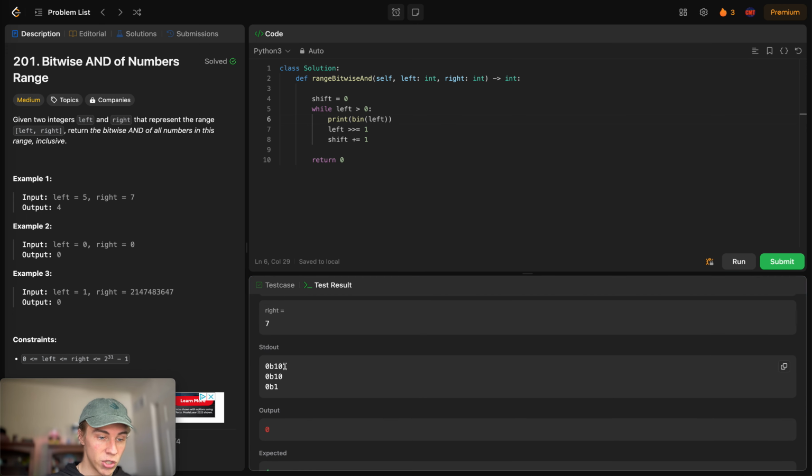Do you see how each time we're removing essentially the rightmost bit from the original left? What I can say here now is while left does not equal right, I'm going to do right shifts for both left and right and keep track of them. At some point, left and right are going to be equal to each other, which is the exact number that I need to print.